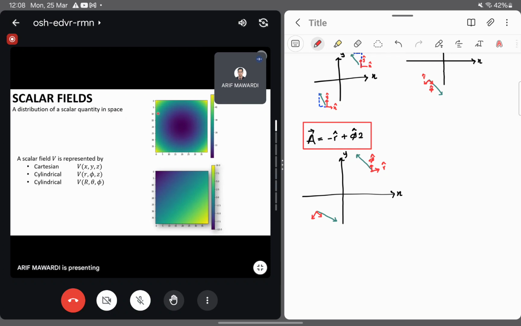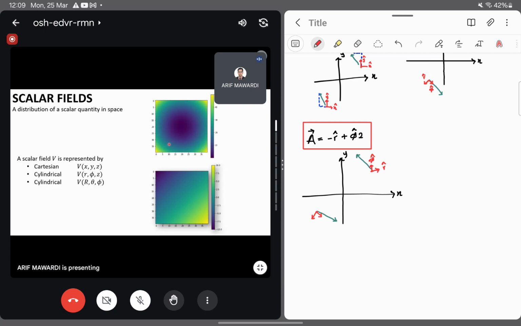In contrast to a vector field, you also have a space, but for a scalar field, at different locations of space we have a scalar quantity. At different locations it has a different value. The different colors here indicate the different values of the scalar field.